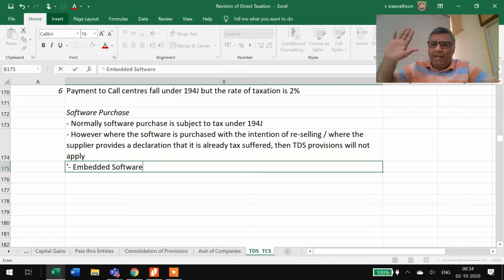Is your invoice showing separately for the laptop this much, for Windows this much, for MS Word this much? No. Or you are buying a mobile phone which has some built-in apps.